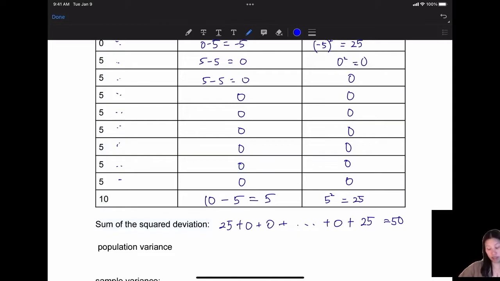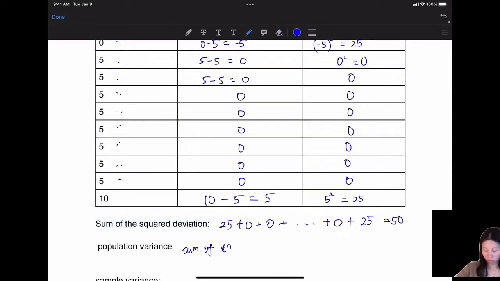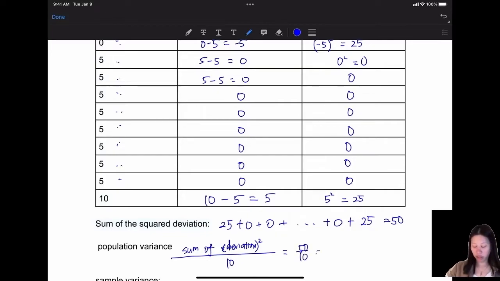You have 10 data values, right? So you use the sum of the squared deviations and divide it by the number of data, which is 10. In this case, we have 50 divided by 10, which is equal to 5.